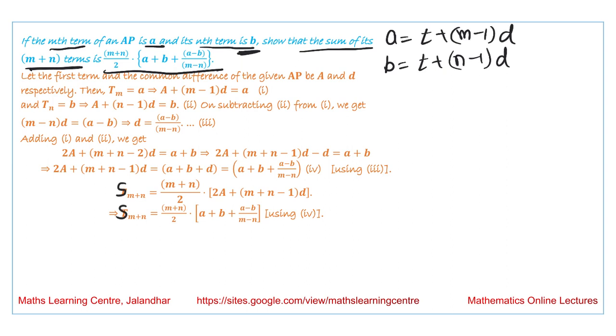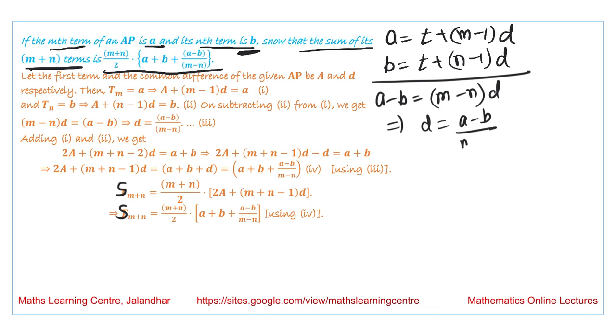From these two, if we subtract these two equations, we will get a − b = (m − n)d. So this implies that the value of d is (a − b)/(m − n). Next, if we add both these equations, we get a + b = 2t + (m − 1 + n − 1)d.